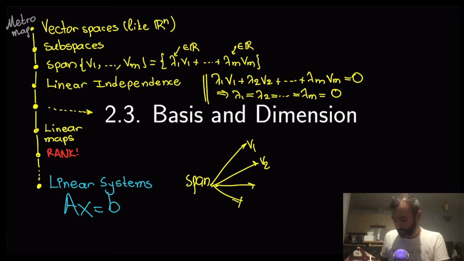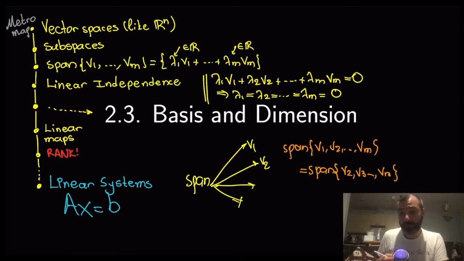So is the span of v1, v2, and so on, vm the same as the span of v2, v3 up to vm without v1? Do I need v1? And then I will ask, do I need v2? If it is the same, then I don't need v1.